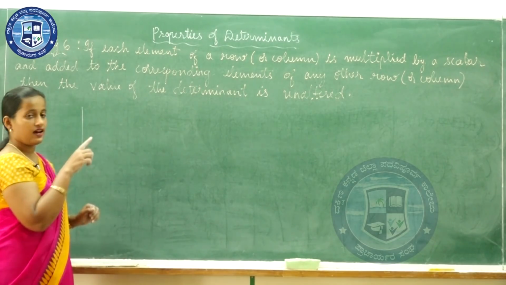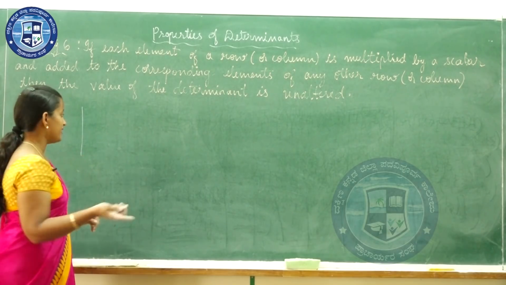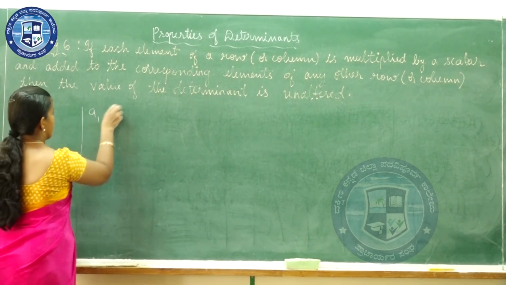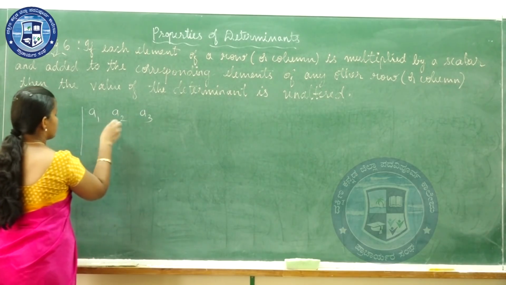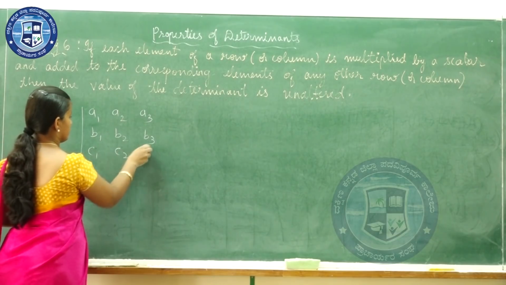If the scalar that you multiply is 1 and minus 1, let us see what happens. Okay. So, let me consider more generally A1, A2, A3, B1, B2, B3 and C1, C2, C3.